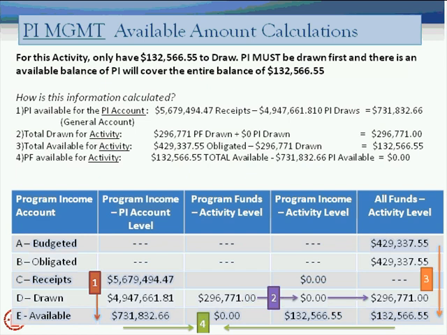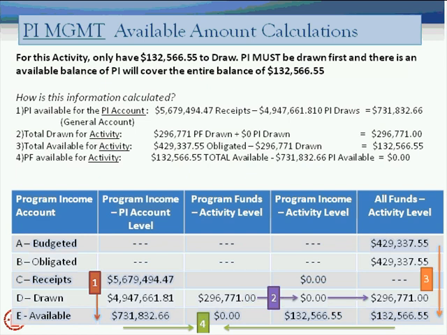Then we also have to figure out what the budget is for this activity and what's been obligated and drawn. So in this activity, the entire budget, I'm going to stop here for a second, and let's remember, as Mark said earlier, we now have a difference in this new data release: your total budget at the activity level is your program funds plus any program income that needs to be budgeted for this activity, your estimation of program income.